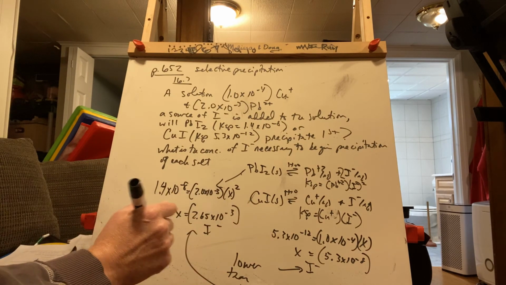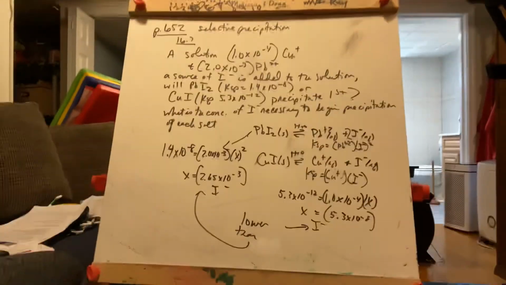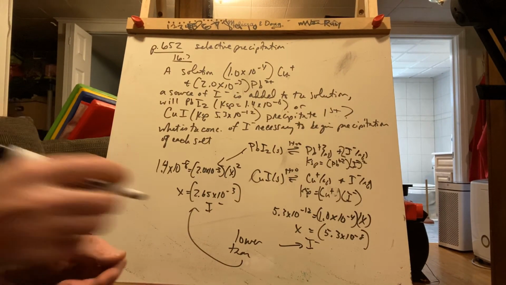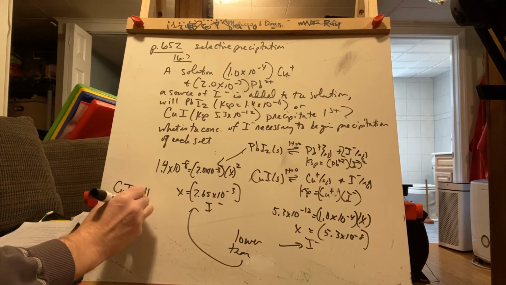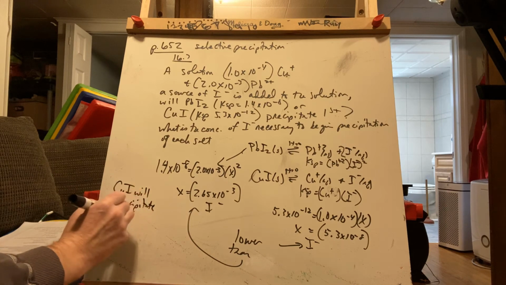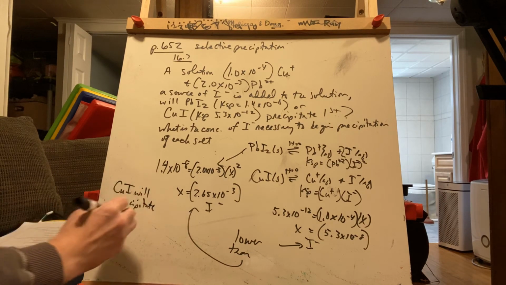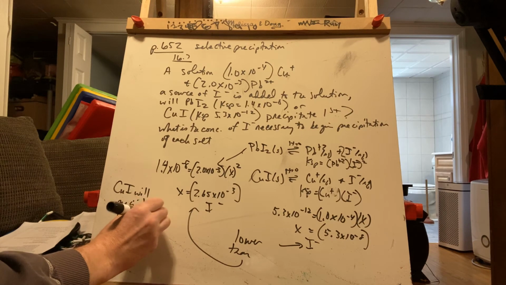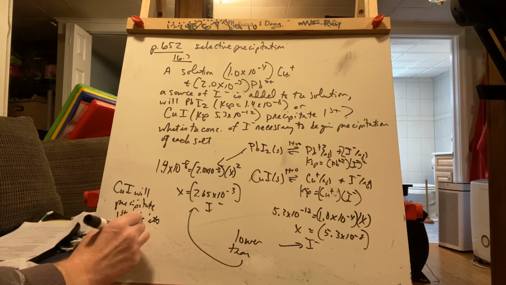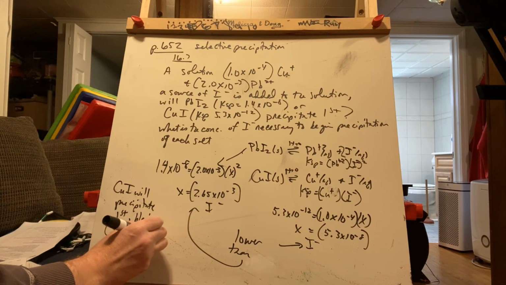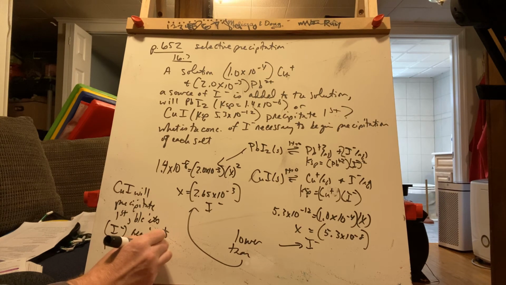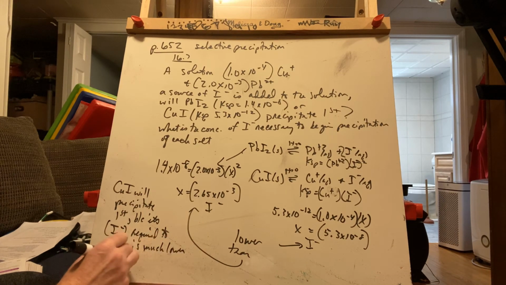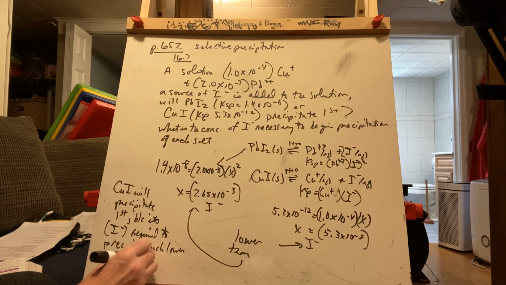So the answer is CuI will precipitate first, because its I minus concentration required to precipitate is much lower than that of PbI2.